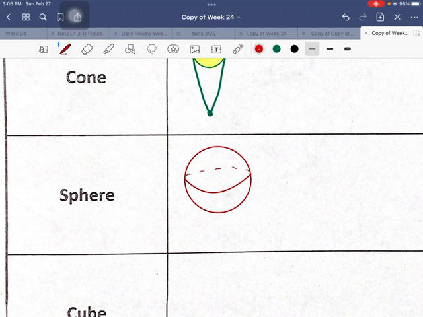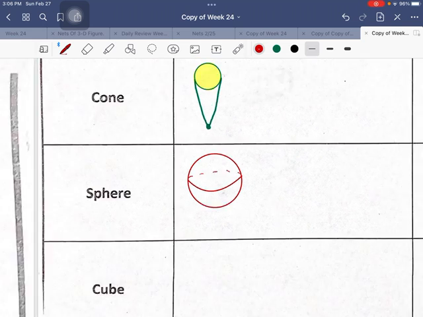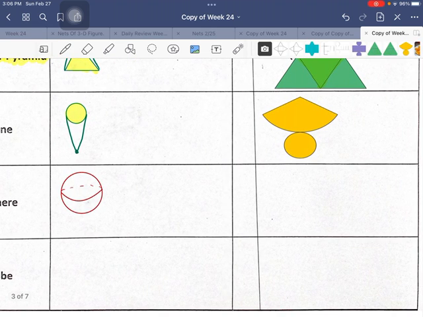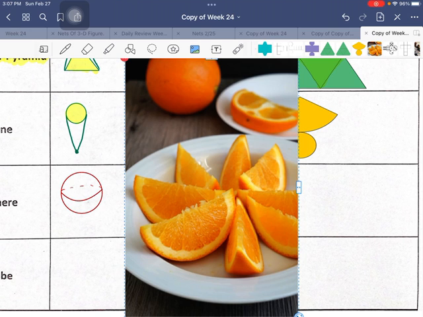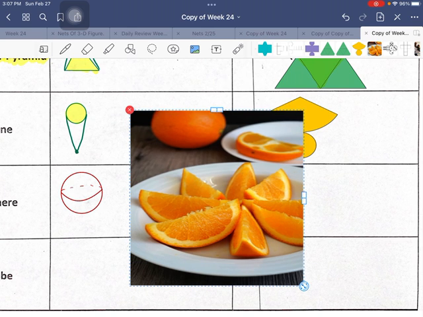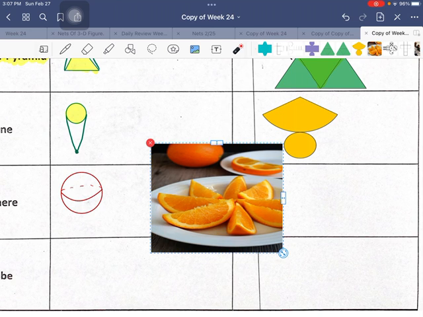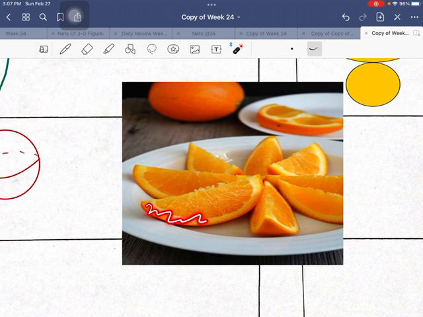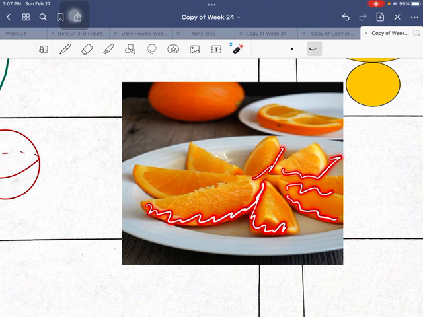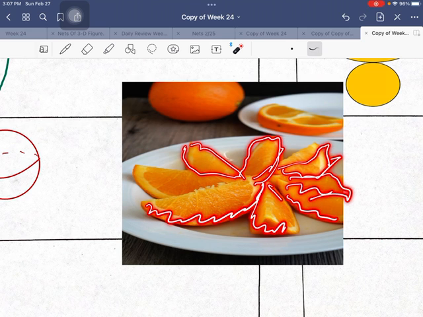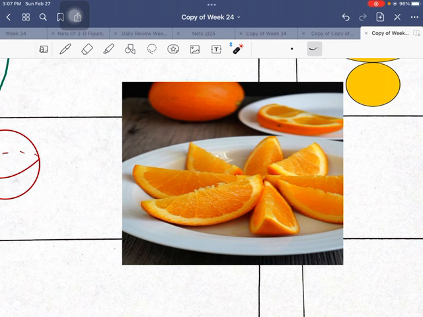The hard part for this is the nets. Some people get a little bit confused with it. Pero the way I remember it is this. If you were to cut, in this case, una naranja, an orange, the outer part, this figure, that's what it would make. It's like a flower looking net in a way.